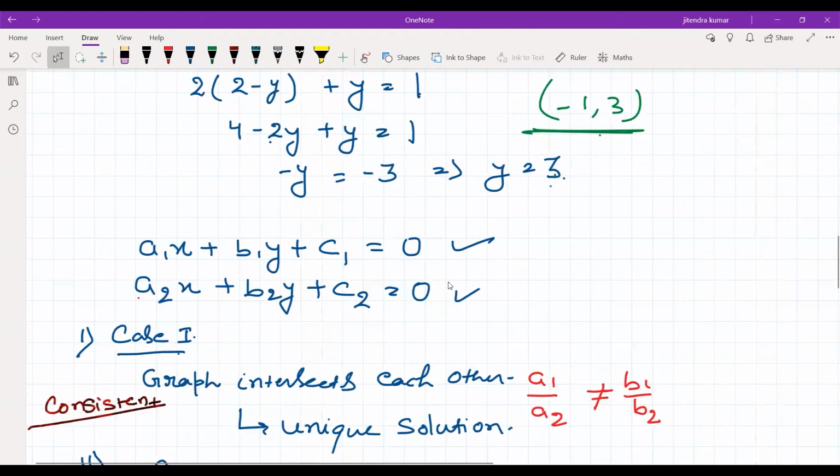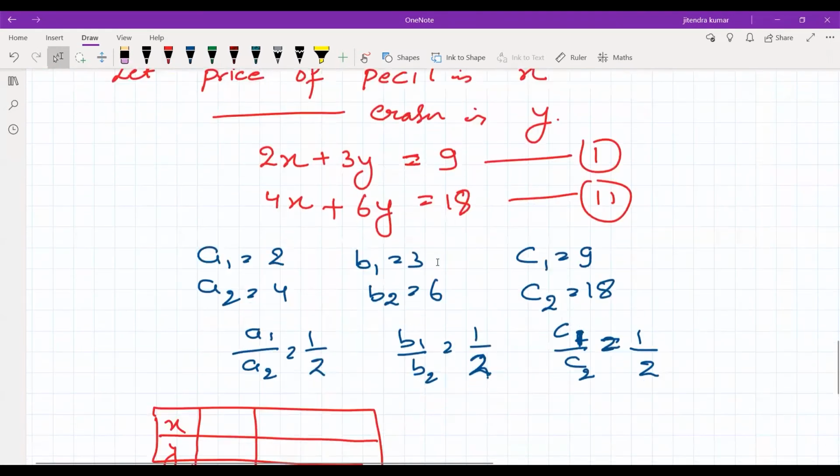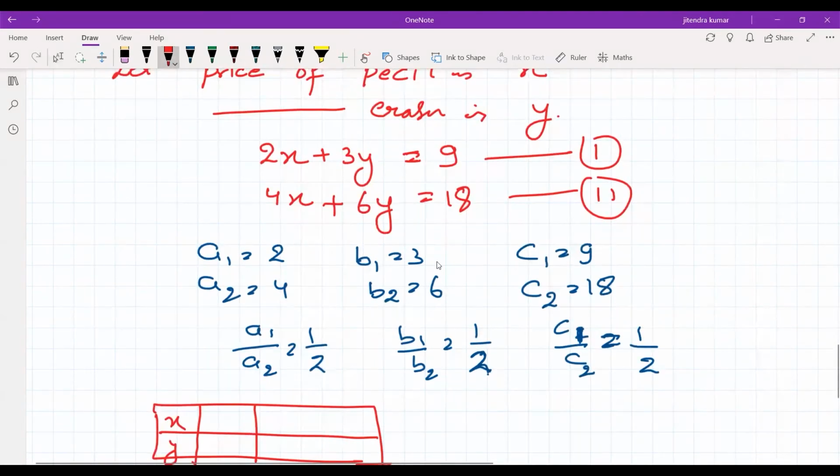The matter is that you can't keep C1 on the right side in one equation and on the left side in the other. You have to take care that in both equations C1 and C2 are on the same side. If you bring 9 and 18 both to the left side, they will be -9 and -18, so it will give 1 by 2 again. So no difference.